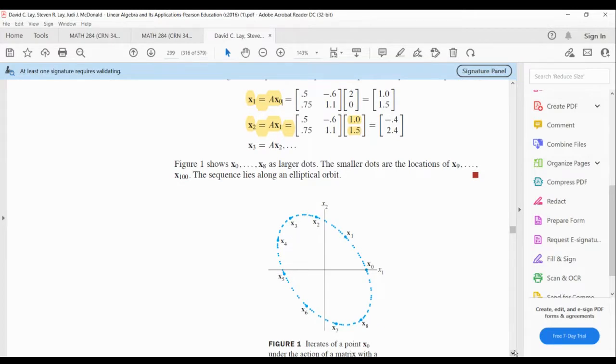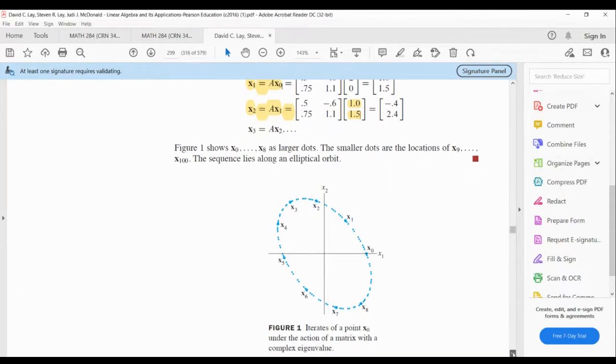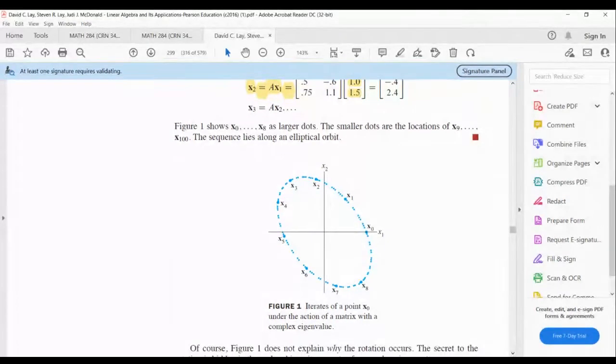That's just a comment that they're pointing out. But what's happening is a rotation. The action of multiplying points by this matrix that has complex eigenvalues is, well, it has actually complex eigenvalues, right?